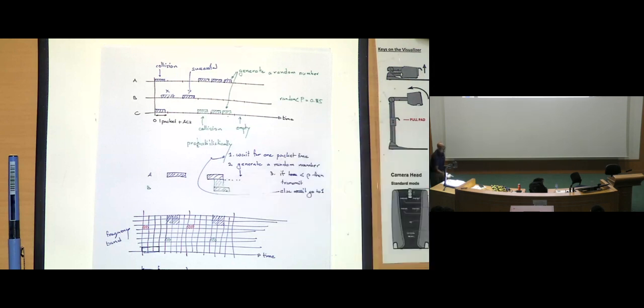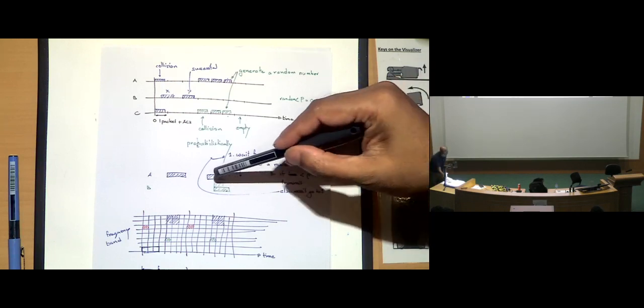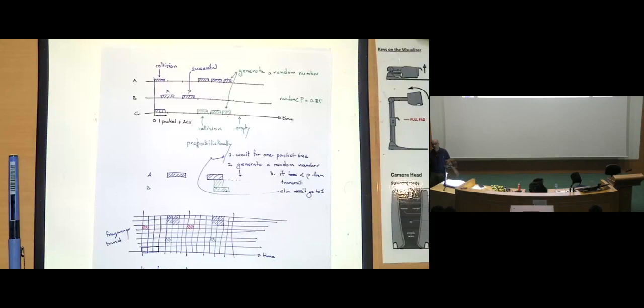Instead, if it had listened to the channel and seen if somebody else is transmitting, it could have stopped, and then it could have let A finish and then gone. That would have saved collisions for both, right? We didn't do that. You have a packet, you can transmit.